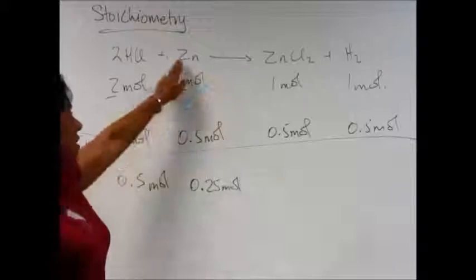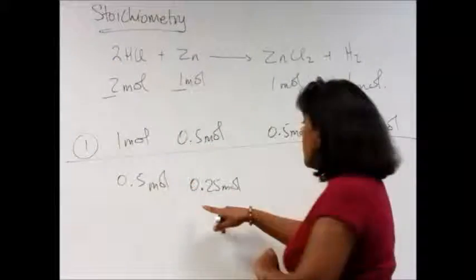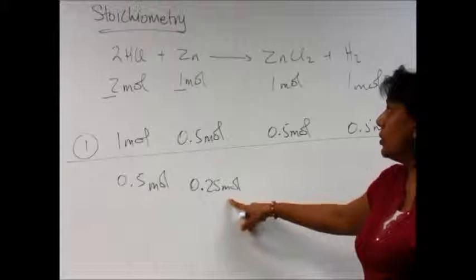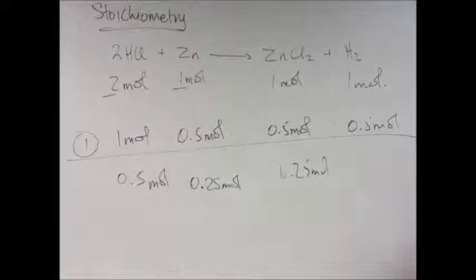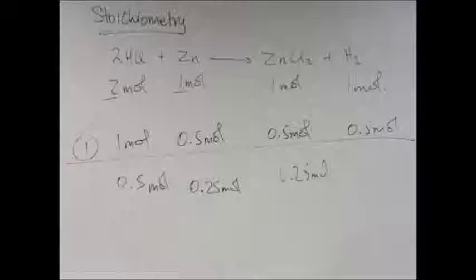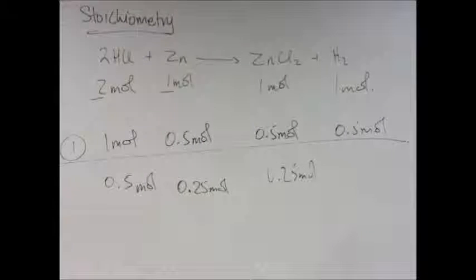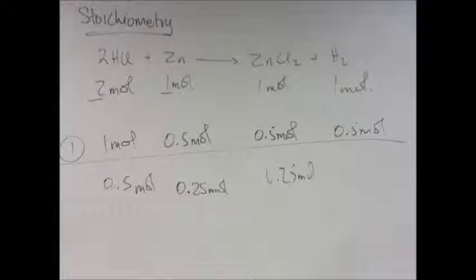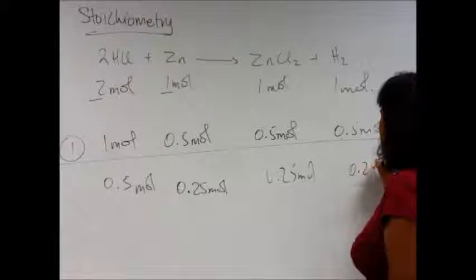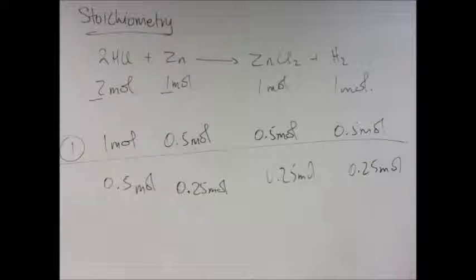So if this is 1:1 and I'm using 0.25 moles of zinc, I should get 0.25 moles of zinc chloride, because the ratio of zinc to zinc chloride is 1:1, so I should get the same amount back. Are we good? And then this one also should be 0.25 moles.